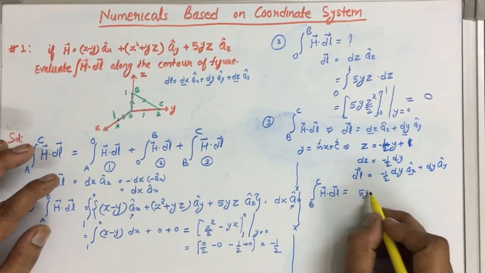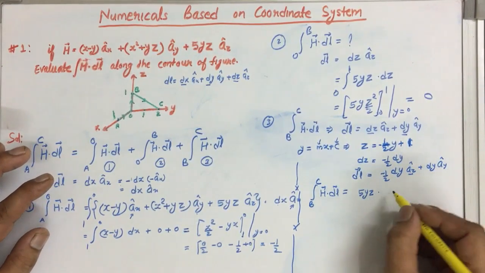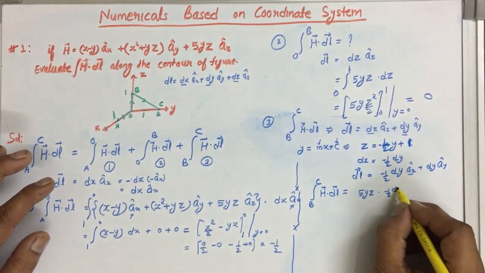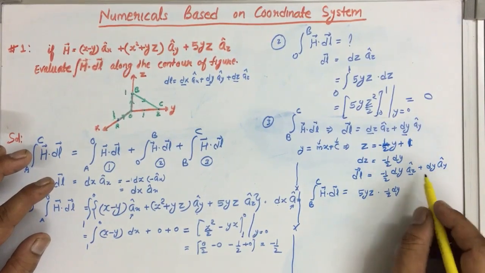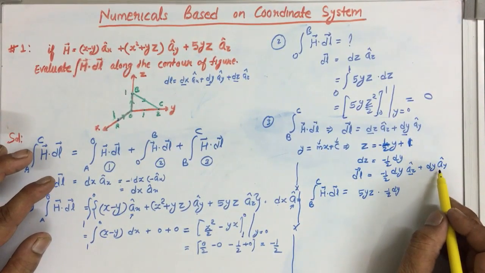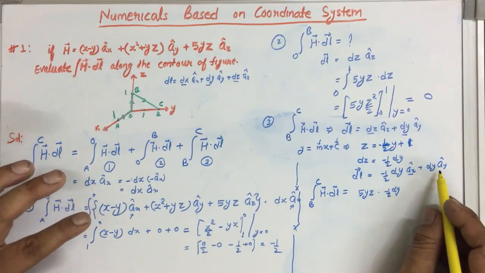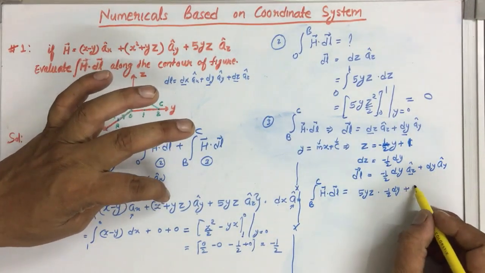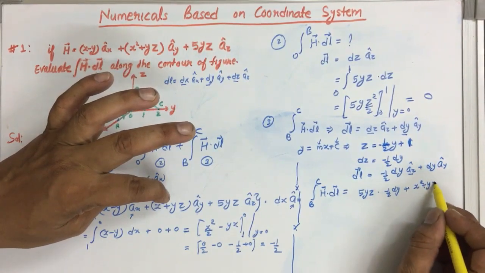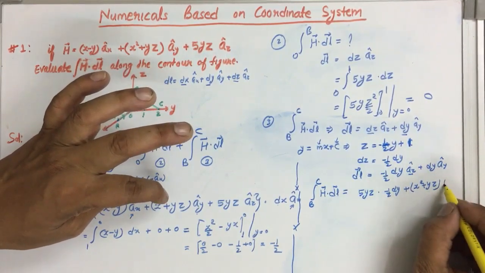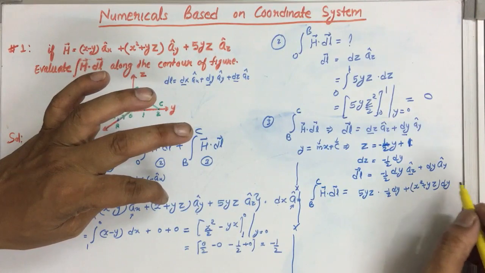So we can say 5yz and minus half dy, and when it is dotted with h, the y product will be there and the remainings will be 0. So here it will be x square plus yz into dy, and remainings will be 0.